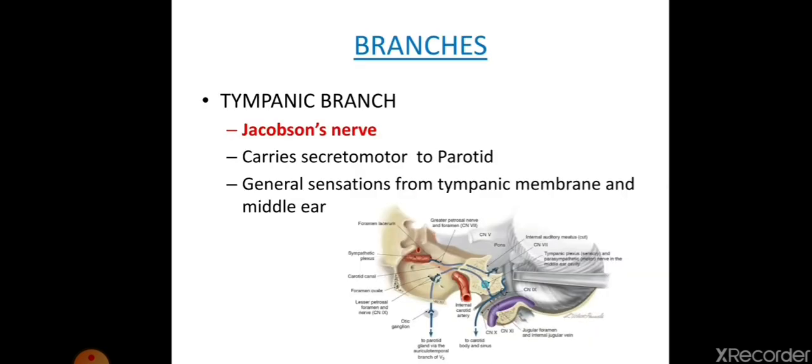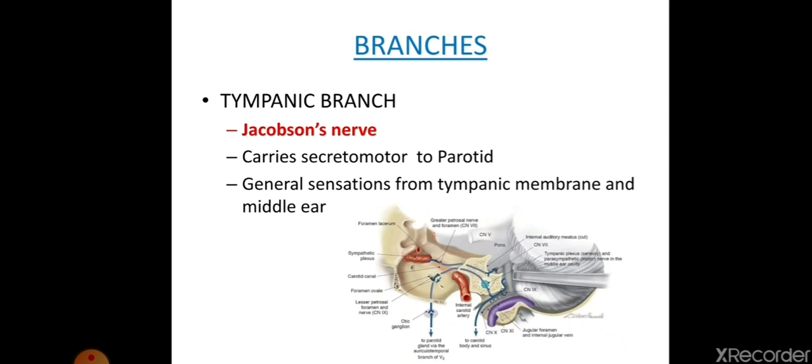So what are the branches? The first branch is the tympanic branch. It is also called Jacobson's nerve. It carries secretomotor fibers, that is parasympathetic fibers, to the parotid gland. It also carries afferent fibers carrying general sensations from the tympanic membrane and middle ear.